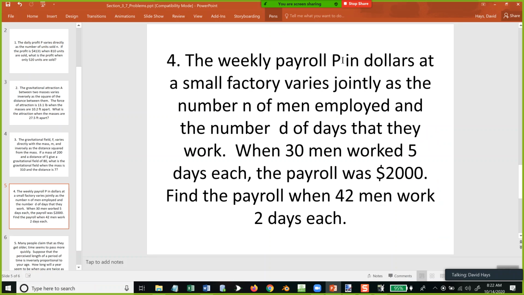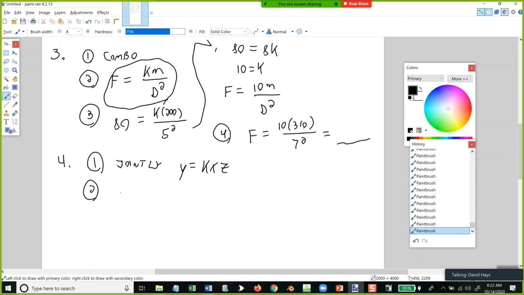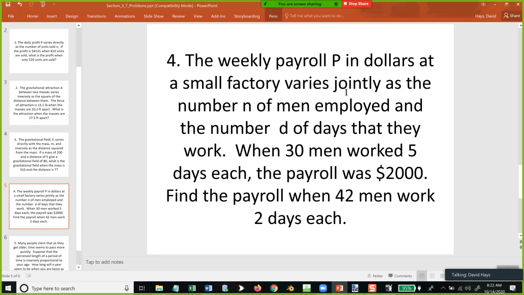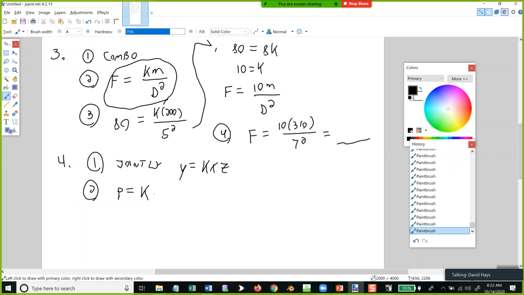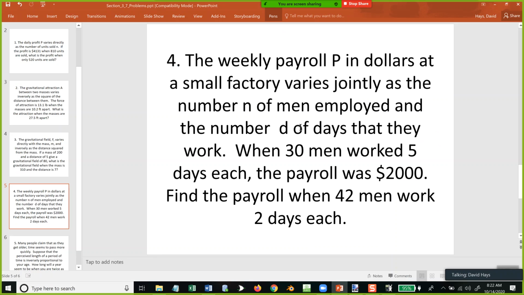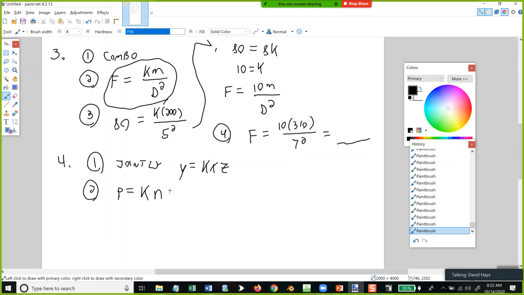Weekly payroll P in dollars, so P for payroll. Varies, where your equals goes. So P equals K. Varies jointly is number N of men employed, so N for the number of men employed. And number D of days that they work, so D for days.